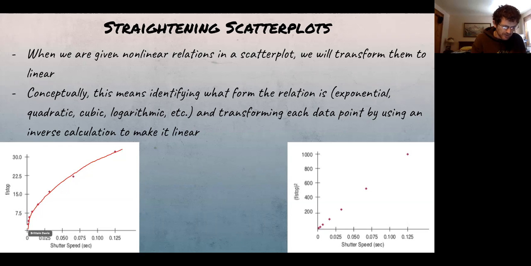So if we squared it, we get a perfect linear relationship. So that's the idea of how we can make nonlinear things linear, doing the inverse. But again, for right now, I'm throwing the concept out there, but I'm not testing you on this. This will be something to get back to at the very end of the year.